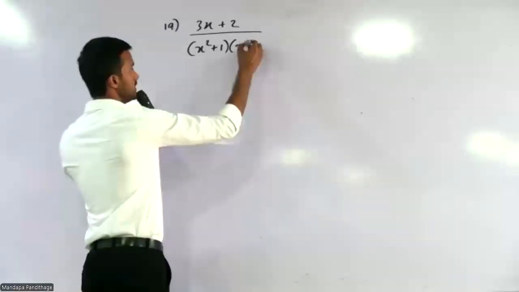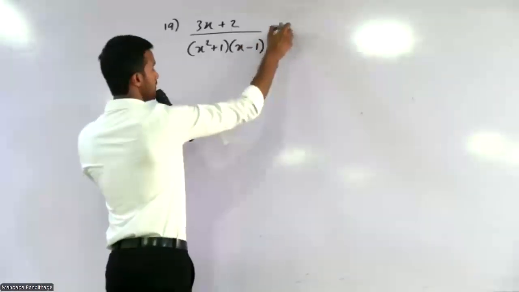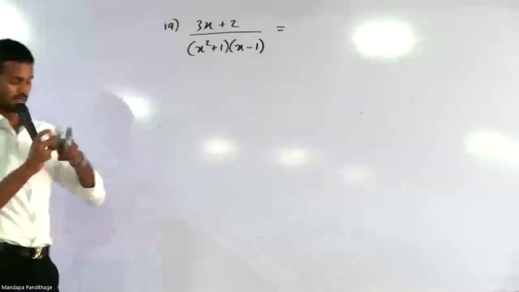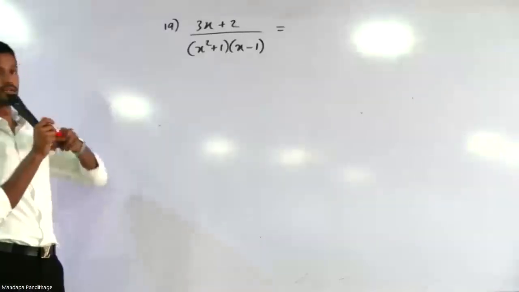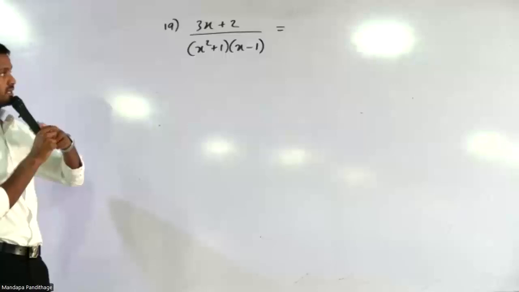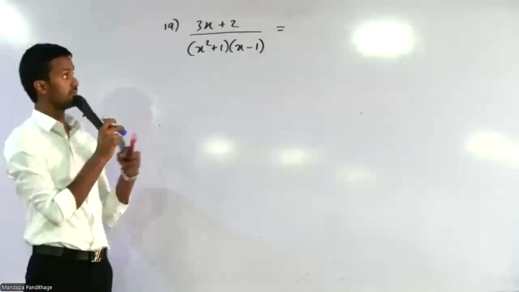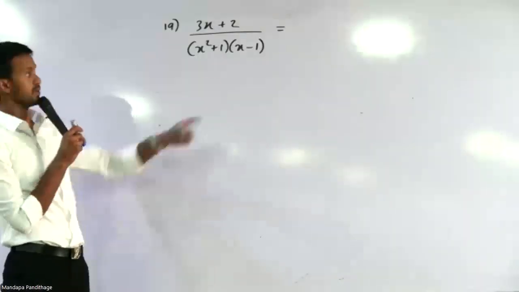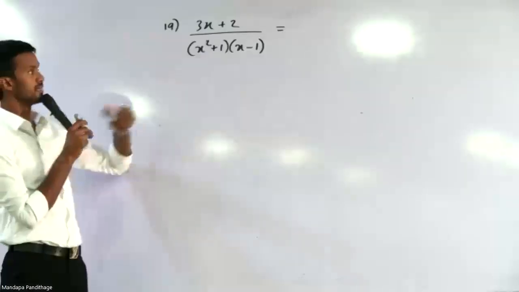Now the thing here is, I told you what we have to do first is completely factorize this. So here we have x minus 1 and then we have x squared plus 1. But you can't factorize x squared plus 1 any further.